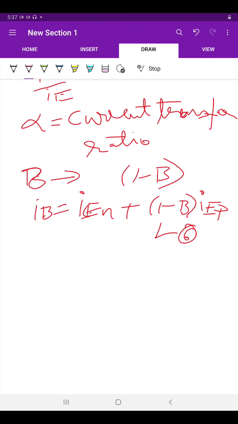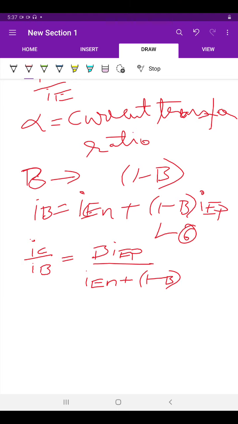Now the relationship between the collector current and the base current. The collector current and the base current is given as IC divided by IB is equal to B into IEP divided by IEN plus 1 minus B into IEP.